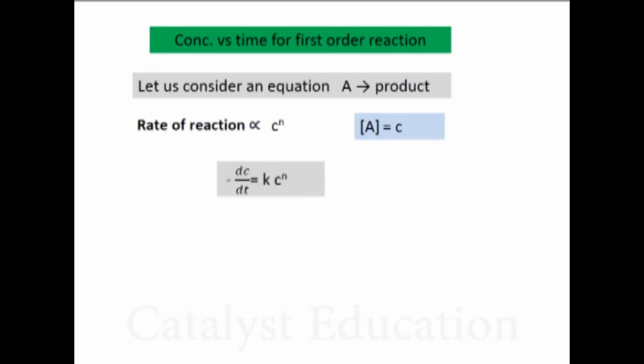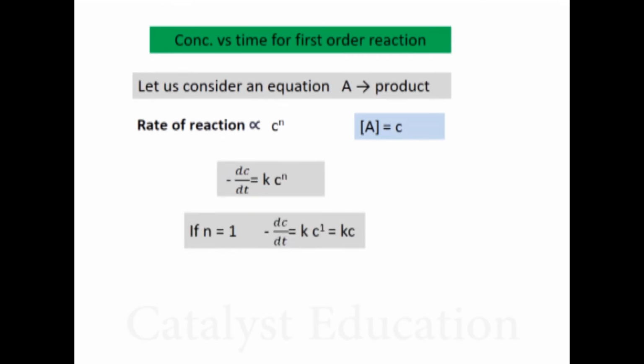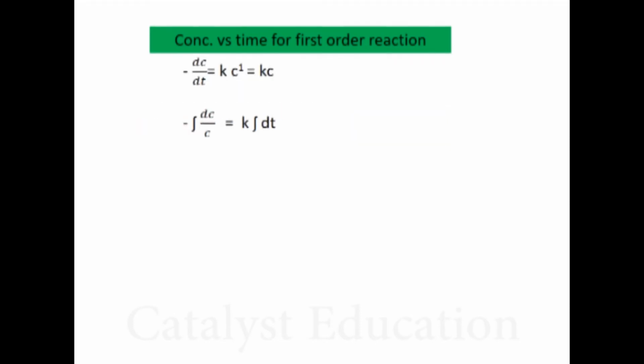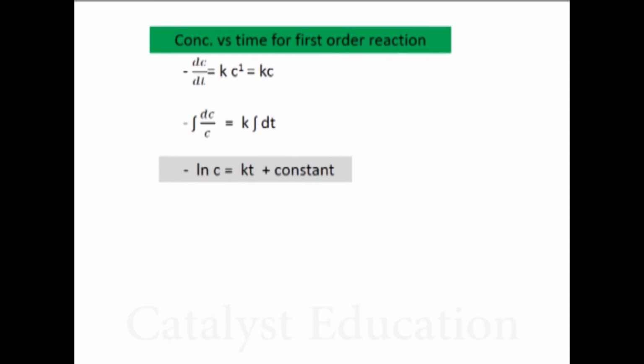I want to start with n is equal to 1. Minus dc by dt is the definition of the rate of reaction, which is equal to k c, so minus dc by c is equal to k dt. After performing the integration, minus ln c plus kt is equal to constant. We are considering this as equation 1 to discuss it in an easier way. If t is equal to 0, c is equal to c naught, that is the initial concentration.